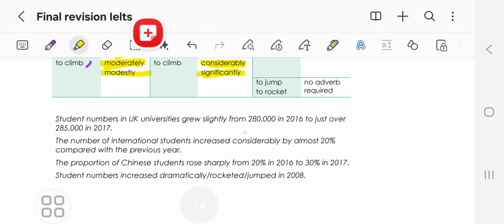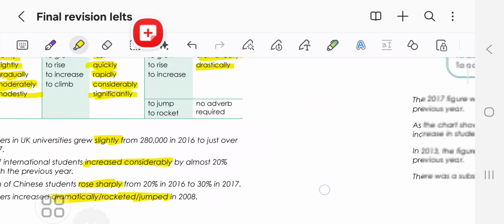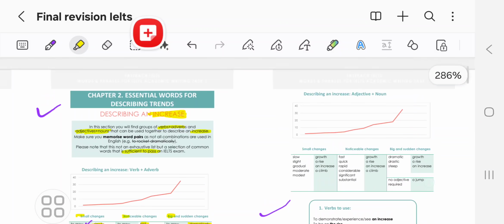The number of international students increased considerably, by almost 20%. When you say 20%, it's not slightly, it's considerably. The proportion of Chinese students rose sharply from 20% to 30%. Sharply. Student numbers increased dramatically, rocketed, jumped.